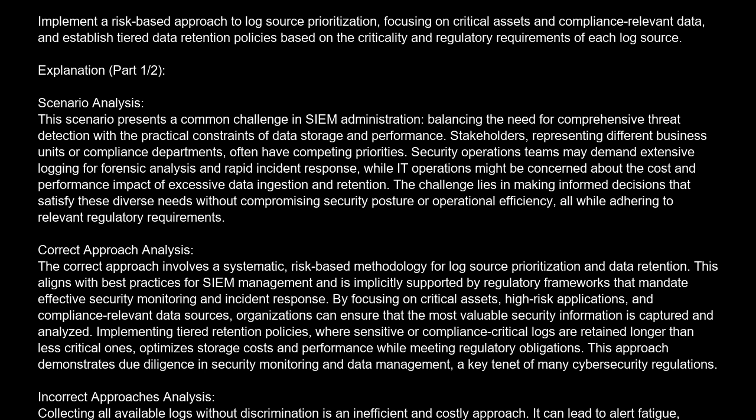Implementing tiered retention policies, where sensitive or compliance-critical logs are retained longer than less critical ones, optimizes storage costs and performance while meeting regulatory obligations. This approach demonstrates due diligence in security monitoring and data management, a key tenet of many cybersecurity regulations.